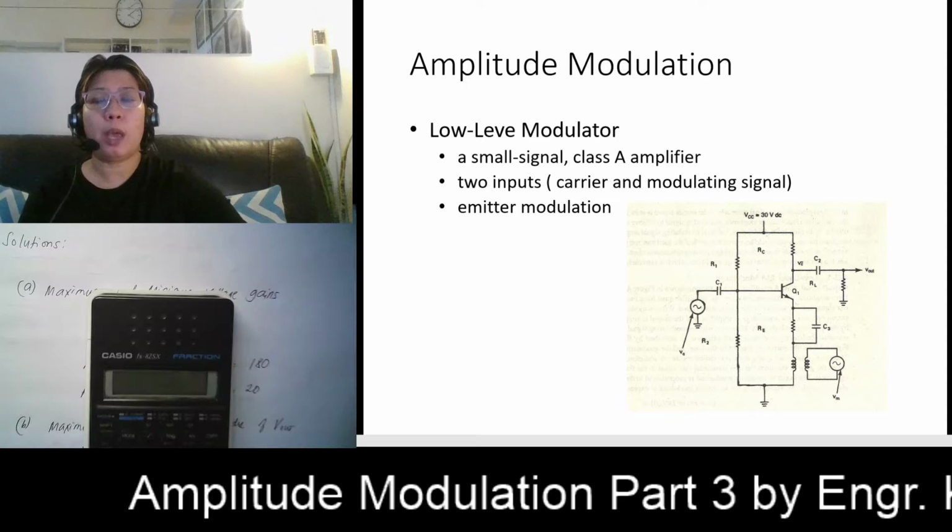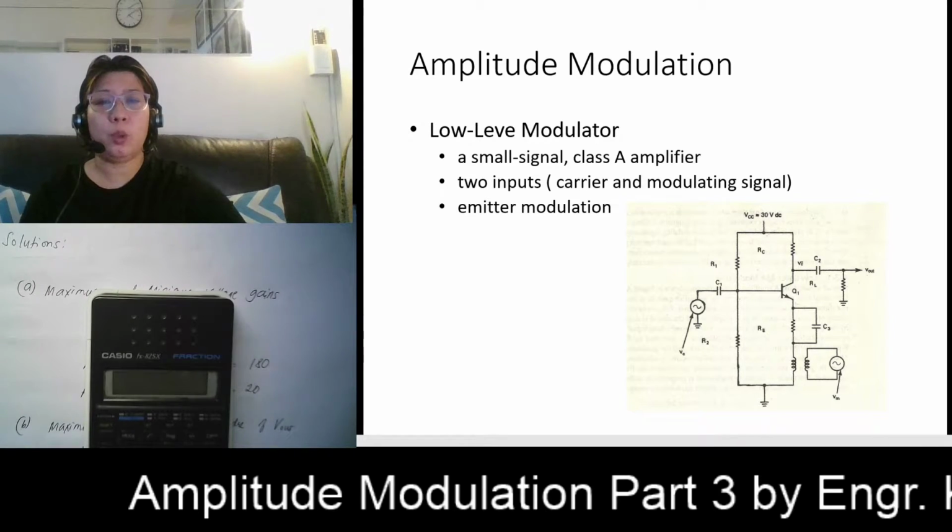So why emitter modulation? Because your modulating signal is applied across your emitter junction. So this has two inputs: your carrier at the base and your modulating signal at your emitter. Without the modulating signal, your circuit is just operating as a linear class A amplifier.